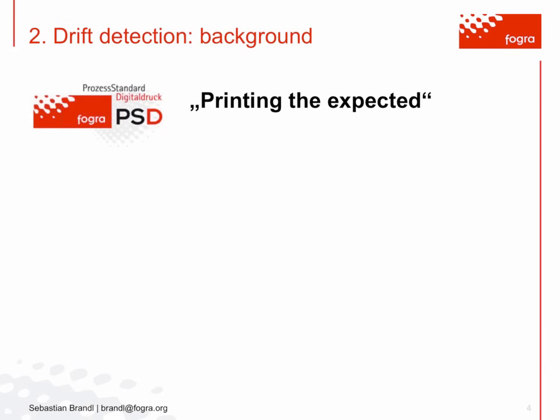The main motivation which connects the dots is the theme of the PSD, which is printing the expected, which means to identify the expectation of your customer and then print according to their needs and expectations.